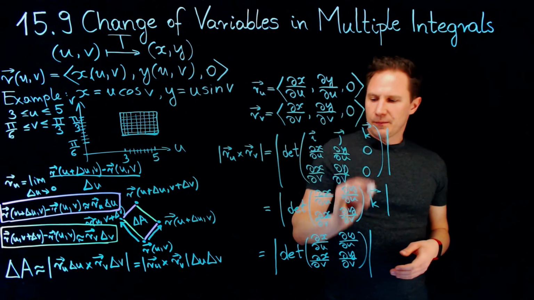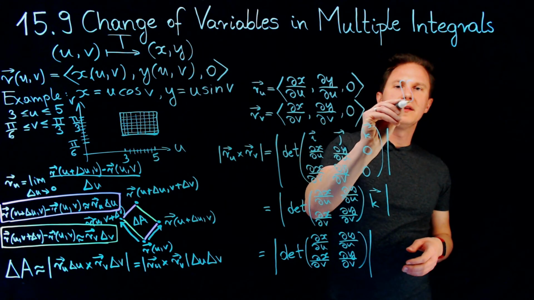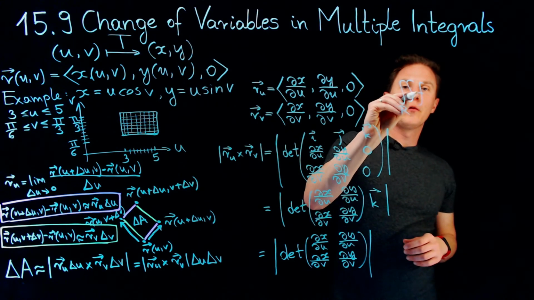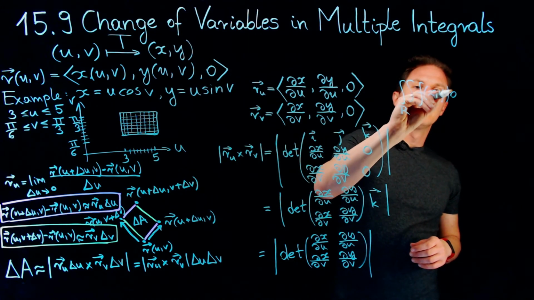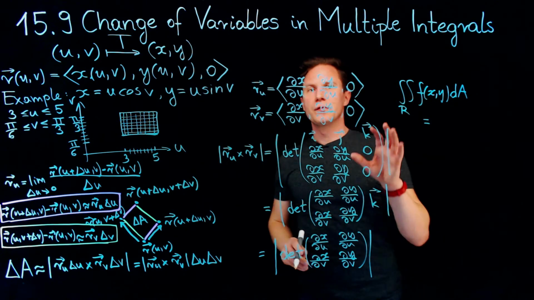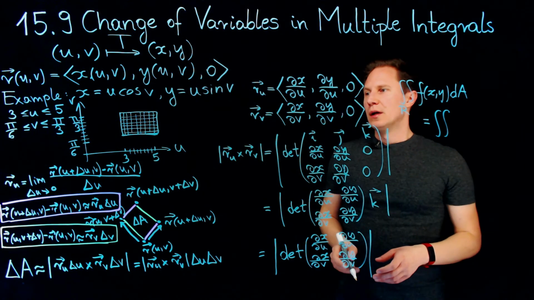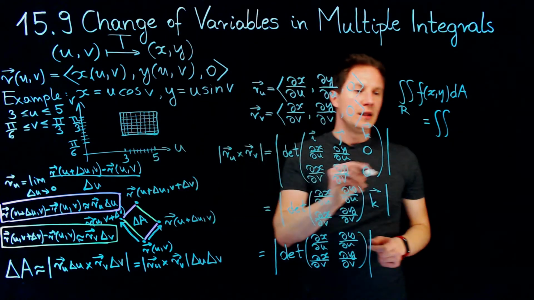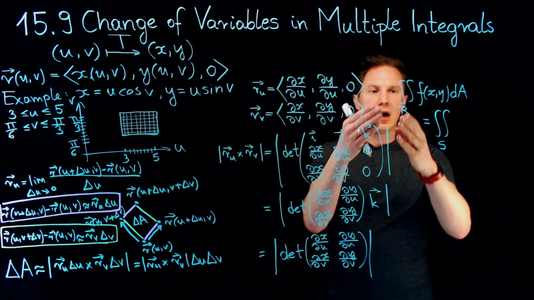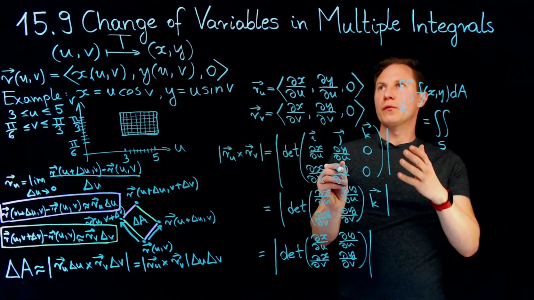The double integral over some region R in the xy plane of some function f of xy will be expressed in terms of u and v as follows. We will take the double integral over the region in the uv plane, which is the pre-image of R under this transformation.